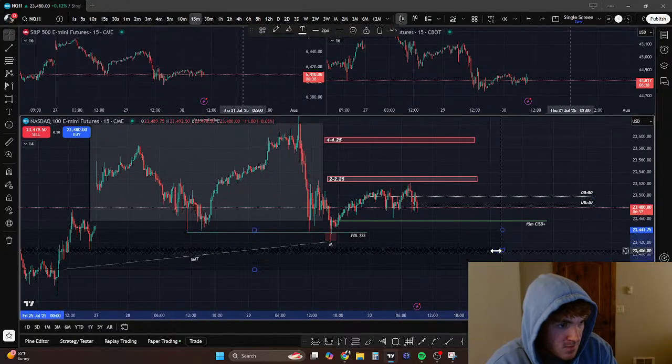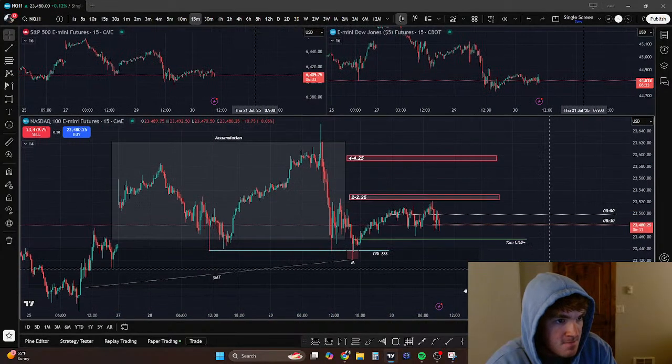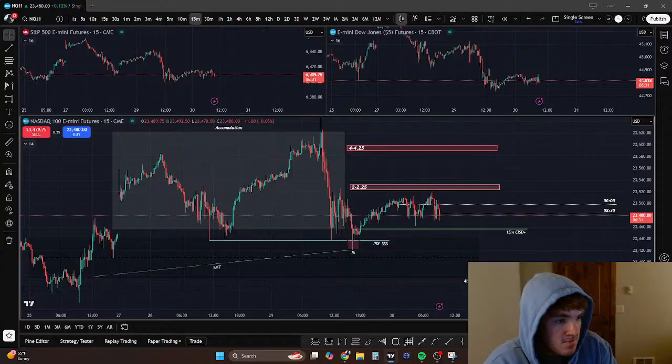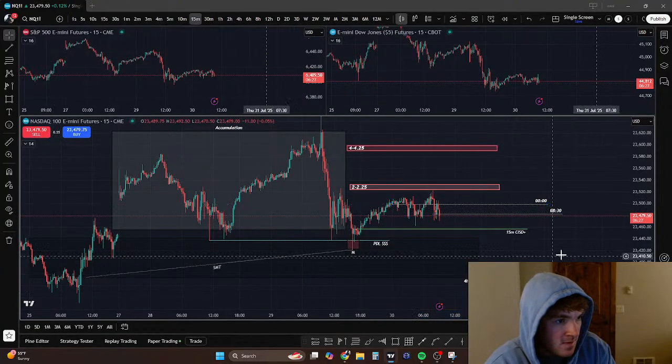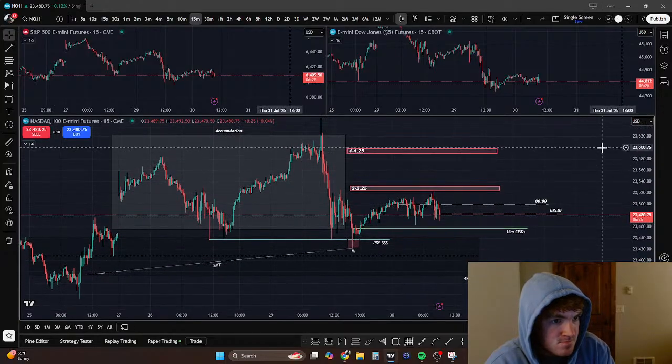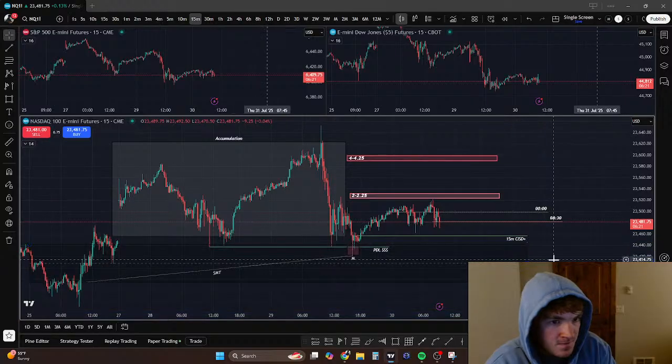So, just an idea. I'm not saying it has to happen, but we are below midnight. We are below 8:30. We did get SMT with previous day's low.